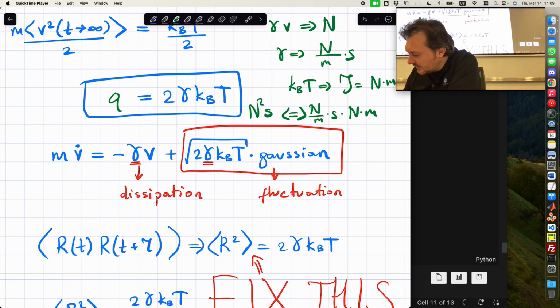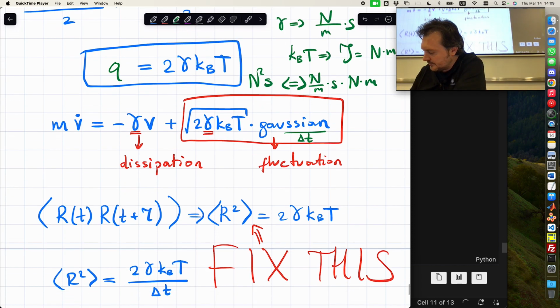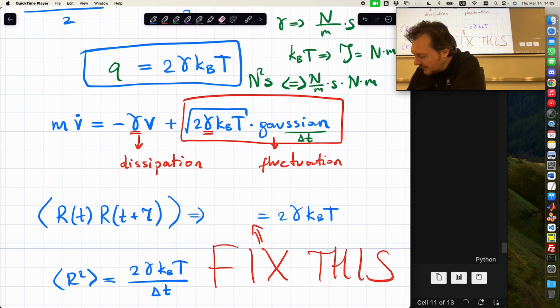Then do we need a delta t over here? I think we need a delta t over here. So coming to here, this thing is Q times delta t, and Q is equal to that.